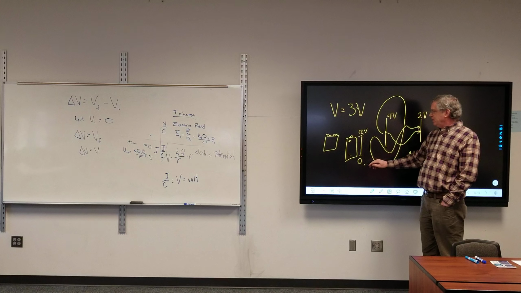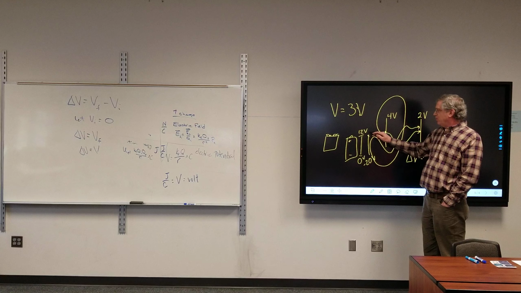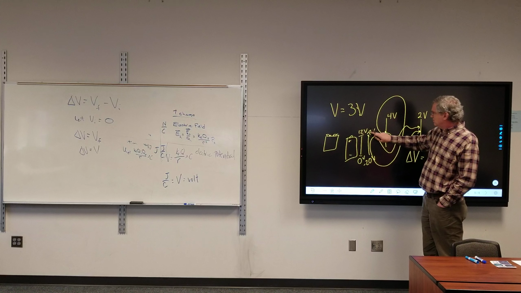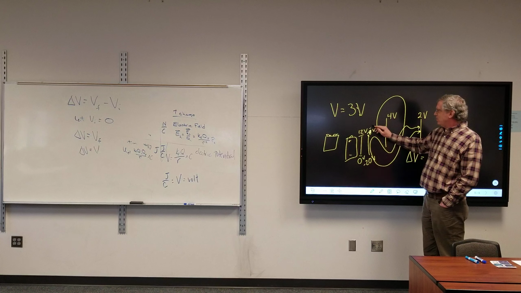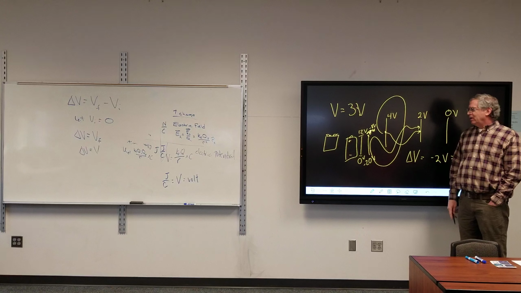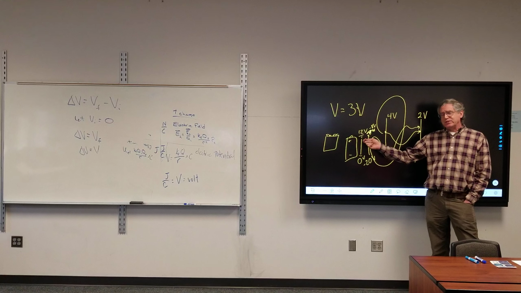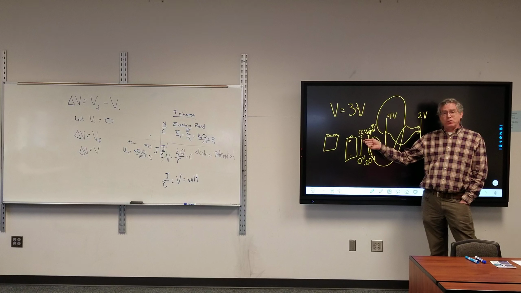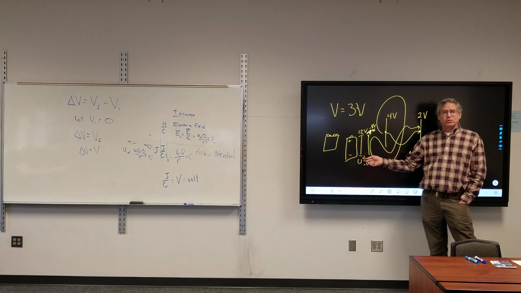Or maybe the bottom one is negative 20 volts, which means the top one is negative 8 volts. All I know is that the positive side is a higher potential by 12 volts from the bottom side, if this is a 12-volt battery.